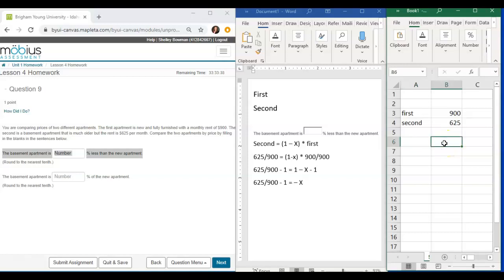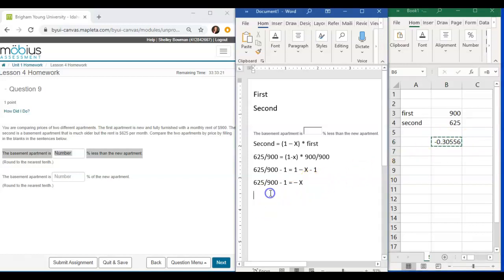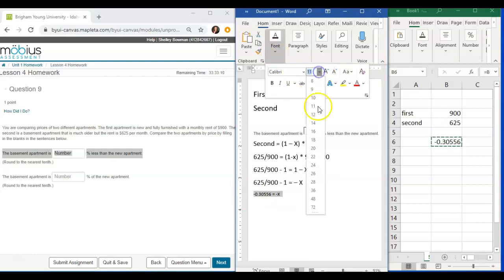So I'm going to calculate with Excel by typing equals in first. 625 divided by 900, subtract 1, and then press enter, gives us, let's just copy and paste here. Paste, there we go. And that equals negative X, and we'll make this a little larger so that we can see that in the video.